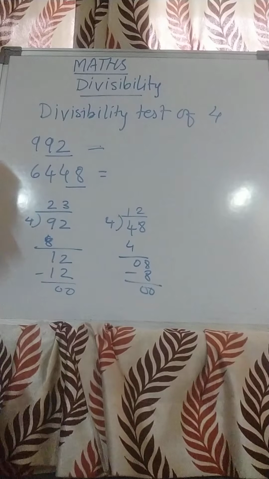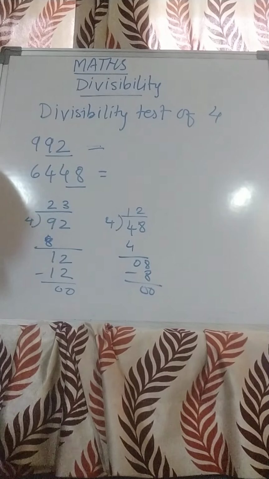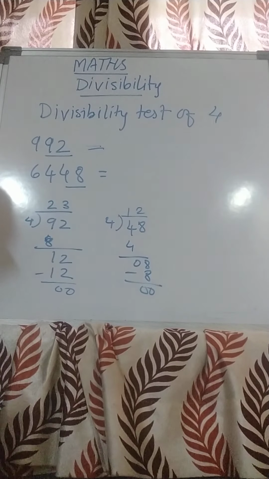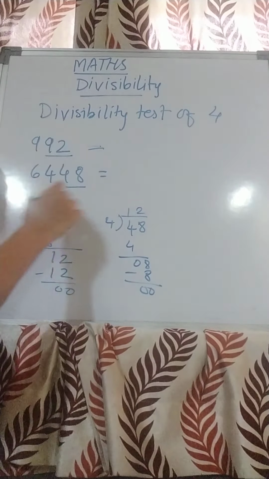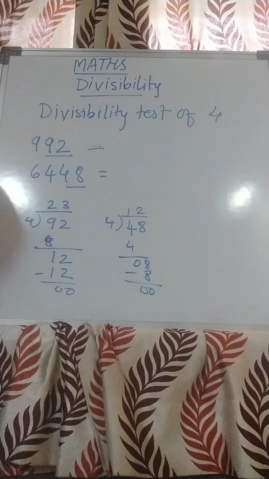Okay, so what is the fourth divisibility test? If the number formed by the digits in the tens and unit place of the number is divisible by 4, then the complete number is divisible by 4.